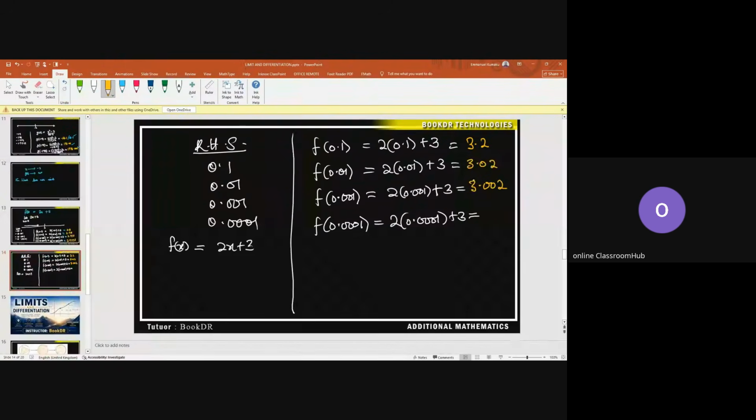3.002. And the last one, let me call Joyce Sewa. Joyce Sewa, unmute yourself and speak if you can hear me. If you don't speak, it means that you're also not paying attention in class. Let me go to Kwajo Mensah.